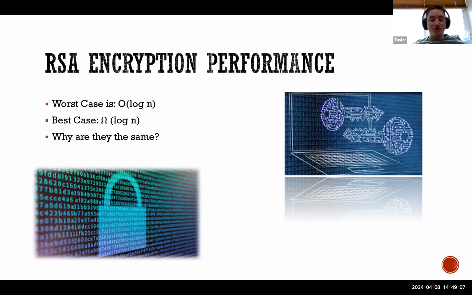As a result of both of that, the worst and best case time complexities for this are the same because they're just log of n. Okay, so now we're going to go on to the code.